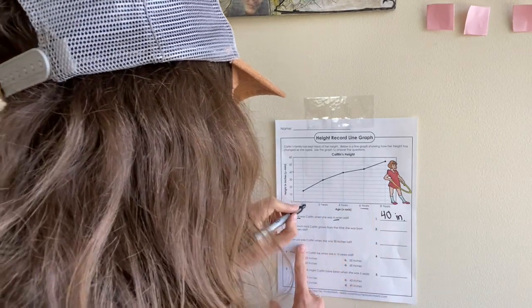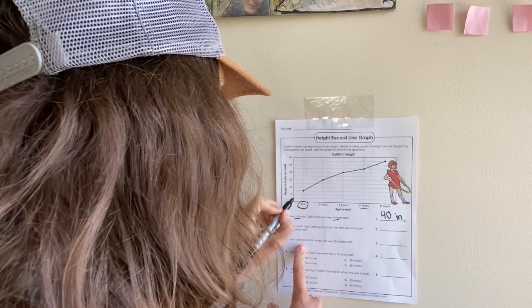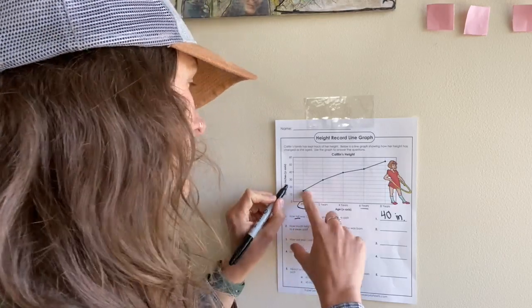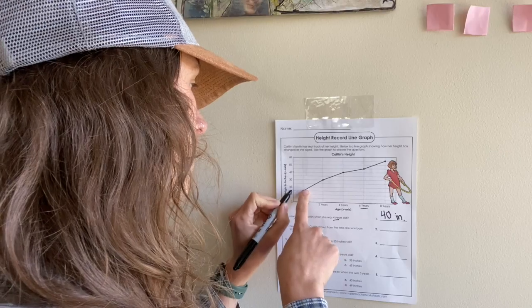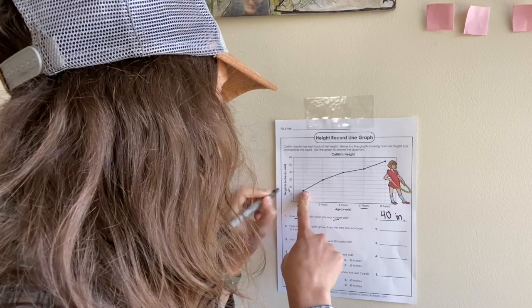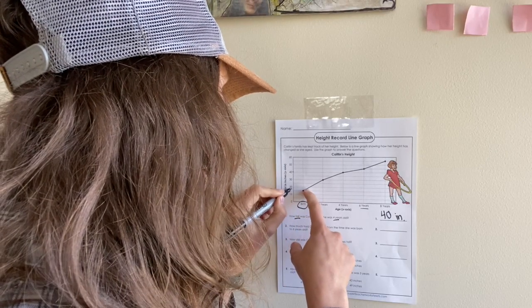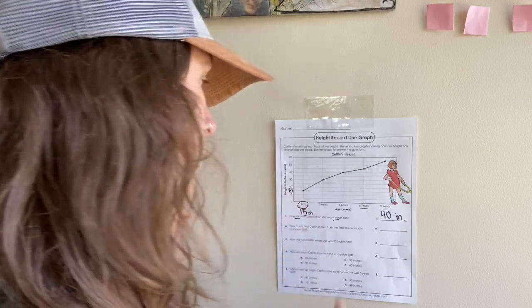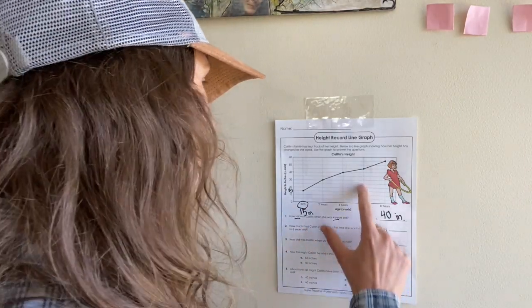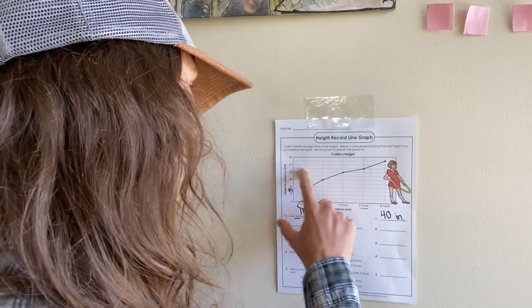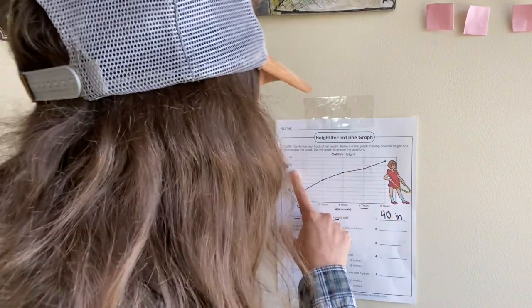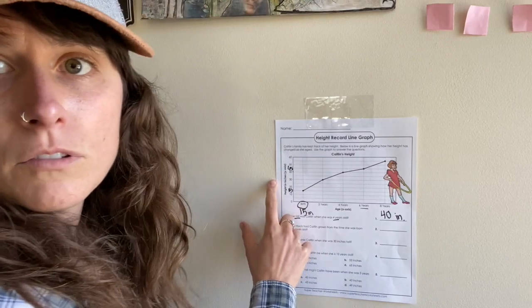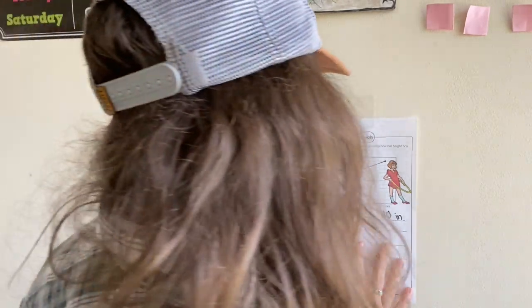Birth, we're gonna say that was between 10 and 20, so that would be 15. So she was 15 inches when she was born. When she was 6, she was 45 inches.